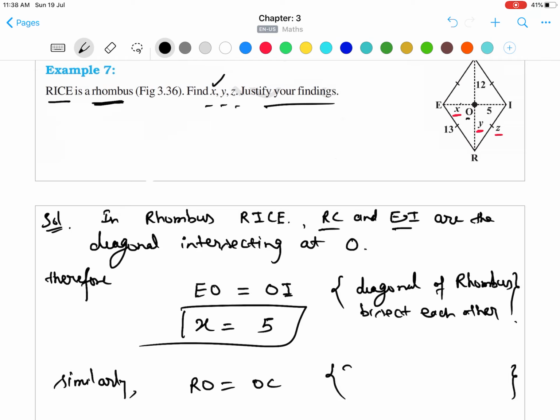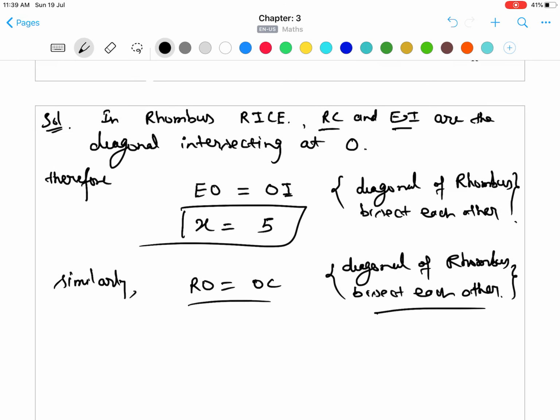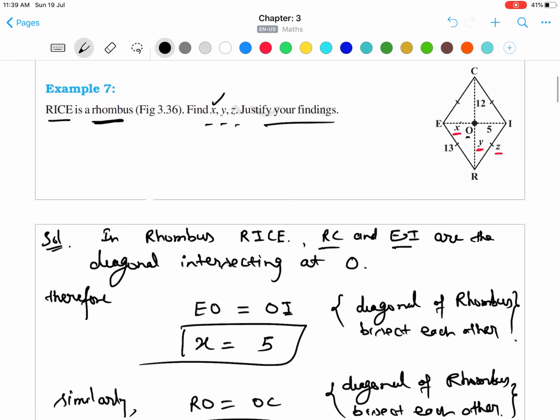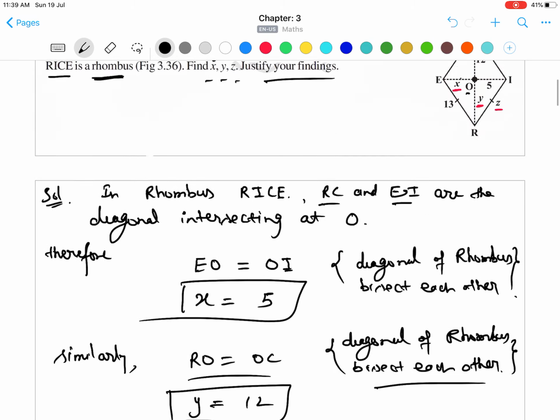The reason is again the same, that the diagonals of rhombus bisect each other. Okay, every time in the geometrical portion you have to write the reason why they are equal. So RO is given which is y, and OC is also given which is 12. So the y is equals to 12.